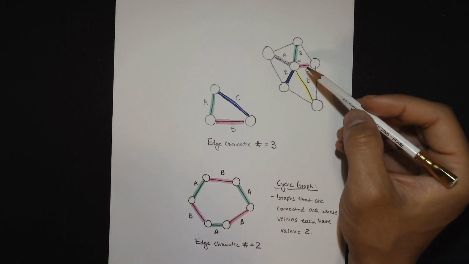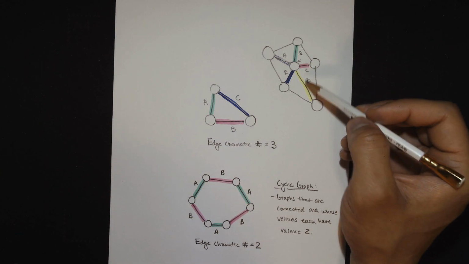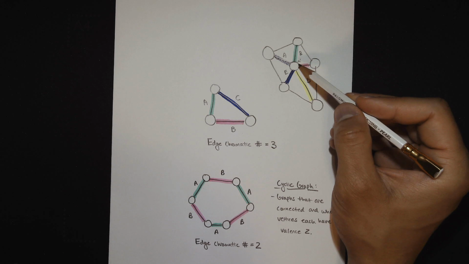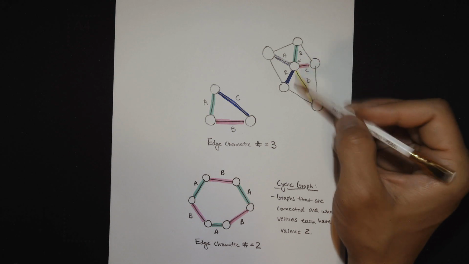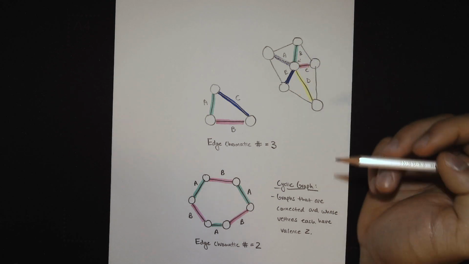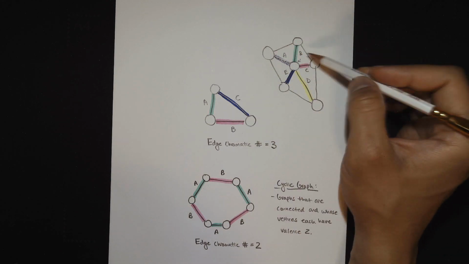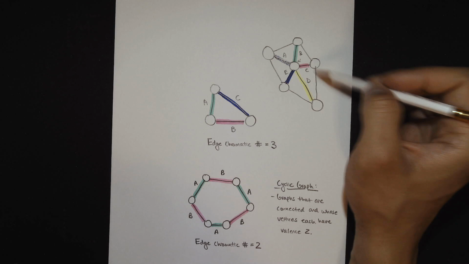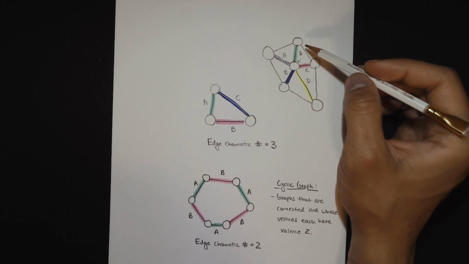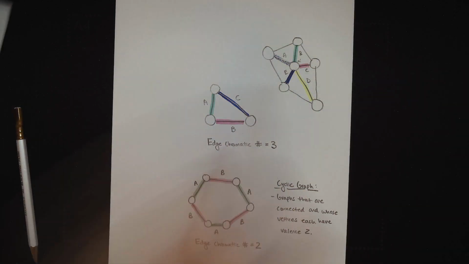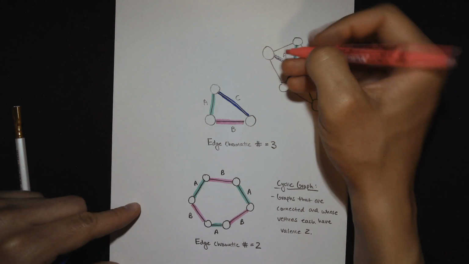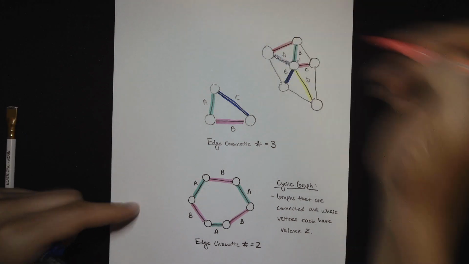So that means that for any given graph, the edge chromatic number will be either equal to the largest valence of a vertex in the graph or one more than that value. So we can see that holding, I mean, we didn't find out what the edge chromatic number in this case is. It seems like it would be equal to 5. So we can reuse these colors here.